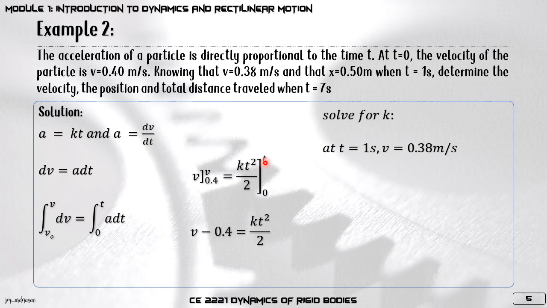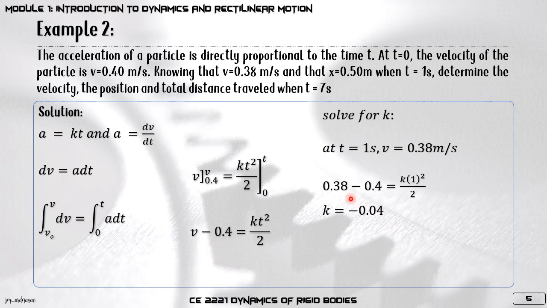So with this, substitute the value of v in our equation. We'll now have 0.38 minus 0.4 is equal to k times 1 squared divided by 2, or that will now be equivalent to k equal to negative 0.04.